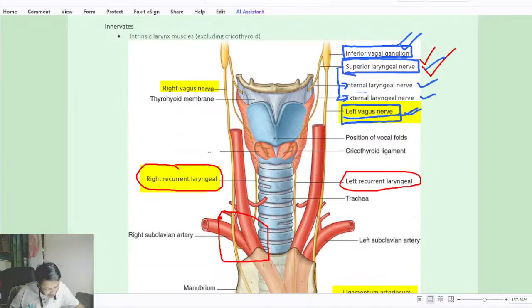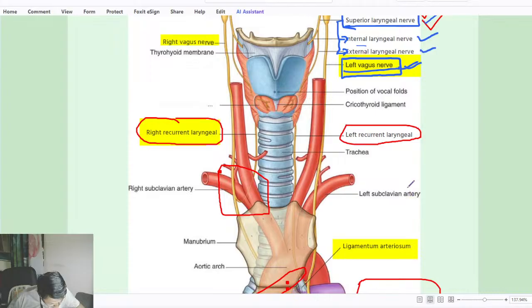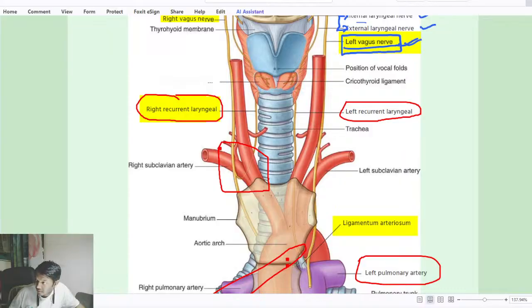In the carotid sheath, they are descending down, down, down. In the left side, this is very important. It is coming down anterior to the left subclavian artery, then coming down, and here anterior to the arch of aorta.